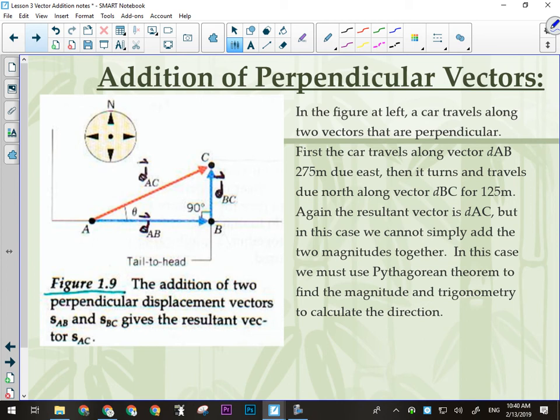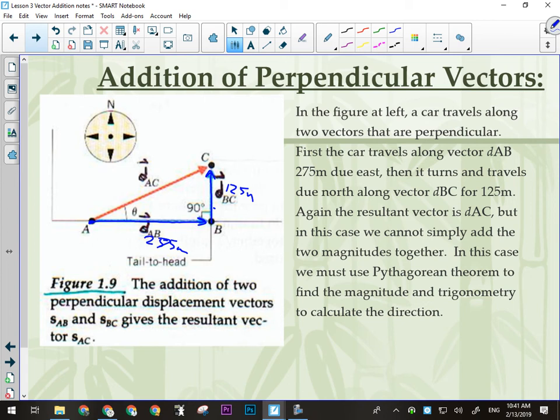Have I still drawn that diagram tail to head and chronologically? Yes, because here's my starting point. I went 275 meters due east, and then I went 125 meters due north. I drew this one onto the head of the first, tail to head.